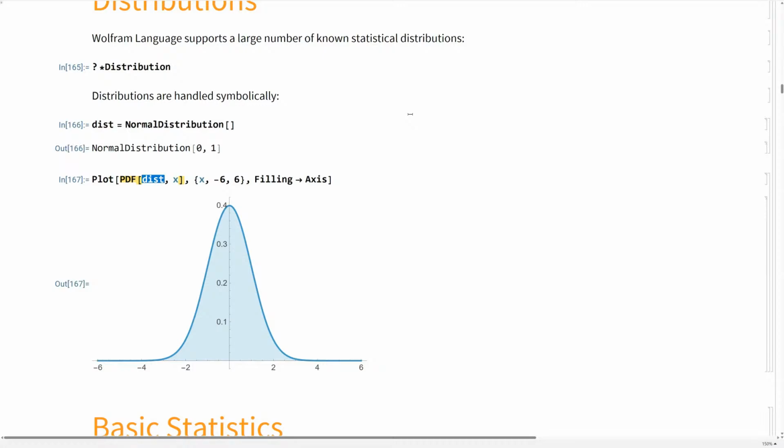In some other languages, I believe if you have a normal distribution you would have a function maybe called NormalDistributionPDF, which only applies to normal distributions, and then for a histogram distribution you would have another function called HistogramDistributionPDF, something like that. But in Wolfram language, there's only one PDF function that you can put all of the distributions in. So that's the basic idea.